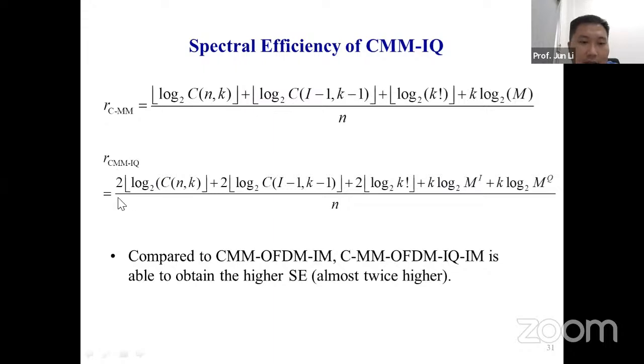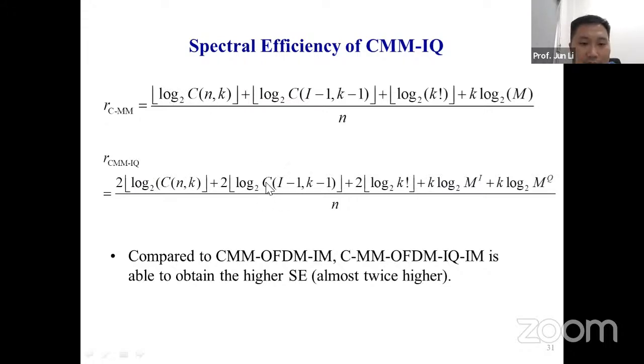The second one is the spectral efficiency of the composite multiple mode IQ. So we can see here, right? The index bits of the IQ are 2 times larger than the conventional composite multiple mode IM.